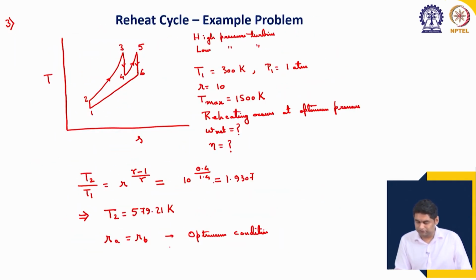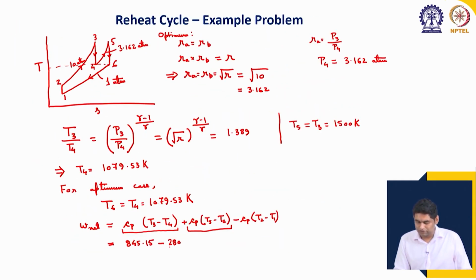I am not calculating, but you can calculate, it will be the same here also, 280.61 kilojoule per kg, which is equal to 564.54 kilojoule per kg.